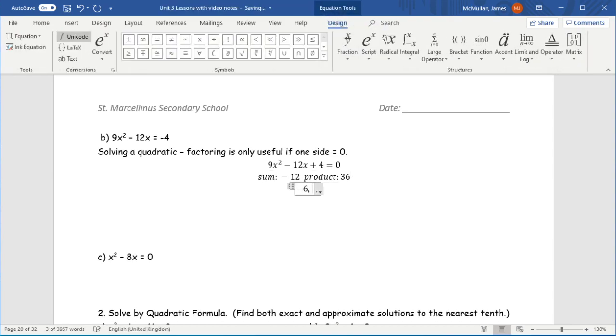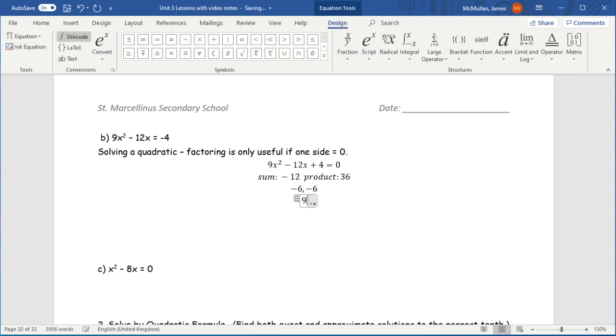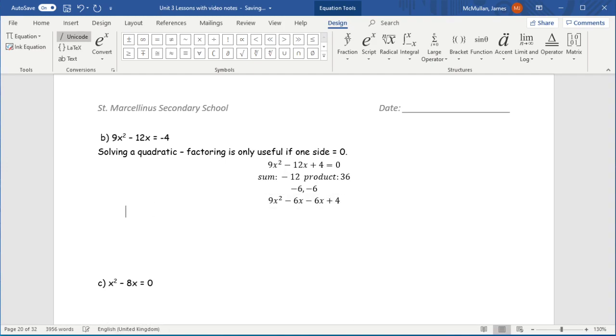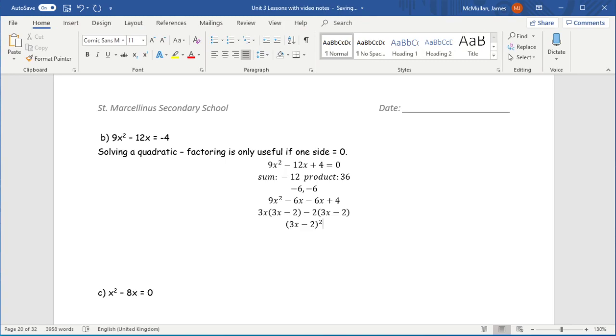Those numbers are negative 6 and negative 6, so I get 9x squared, minus 6x minus another 6x plus 4. Factor out 3x, I get 3x take away 2. Then I'll factor out negative 2, and I'll get 3x take away 2, and I get 3x take away 2 twice. Because this one's actually a perfect square, right? If you noticed, the square root of 9x squared is 3x.